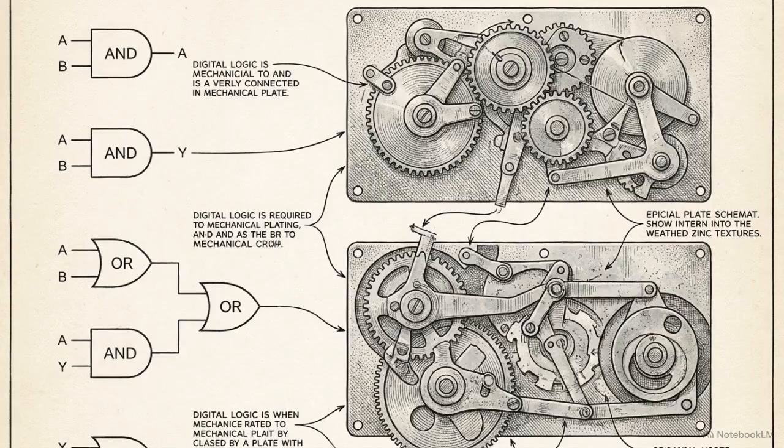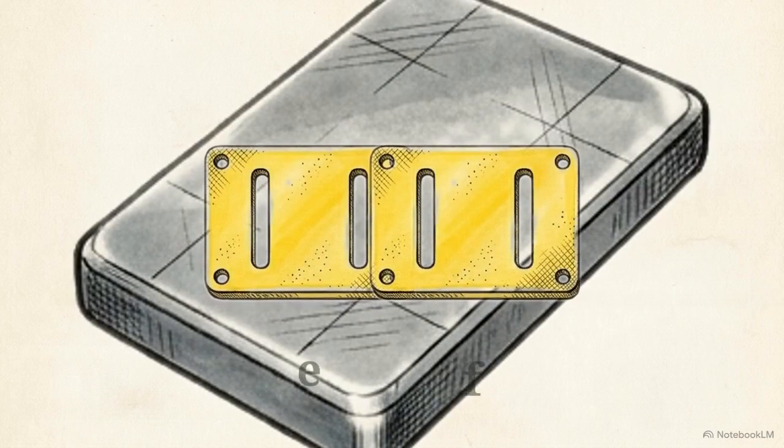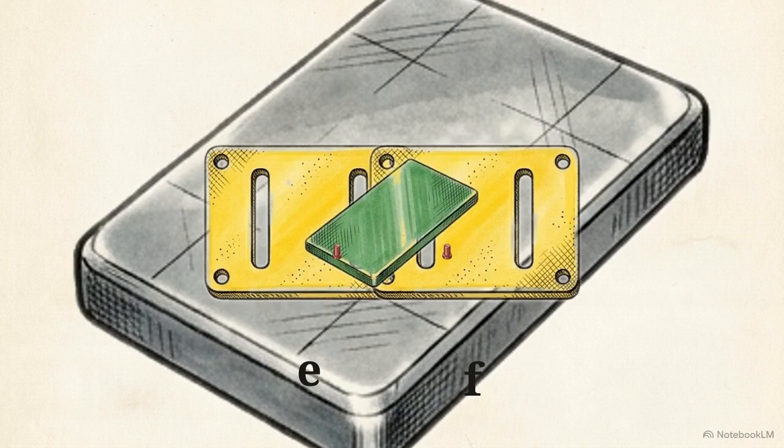A functioning CPU cannot operate on inversion alone. It requires complex logical operations like AND, OR, and XOR to execute actual mathematics. This schematic outlines the mechanical AND gate. Because an AND operation requires 2 separate inputs to dictate one output, we start with 2 yellow control plates side by side.